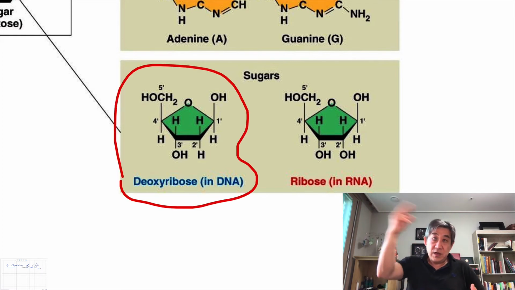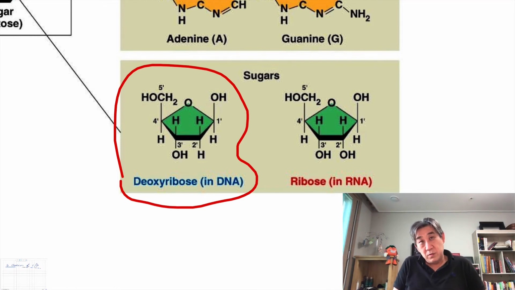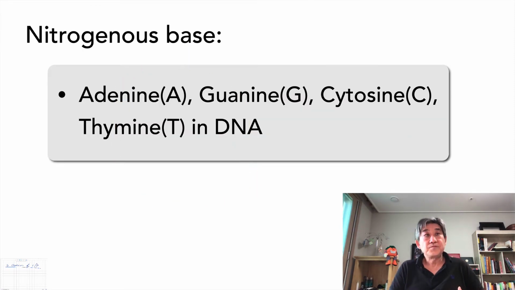But anyway, getting back to the description of the components of any single nucleotide, this is the sugar present in every different nucleotide in DNA. Like I said, there are only 4 different types of nucleotide, and in each of the 4 types, the same old deoxyribose will be there.